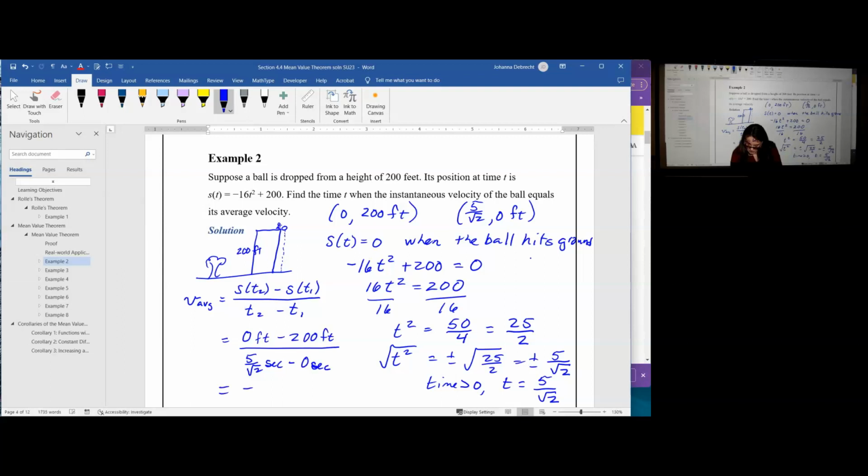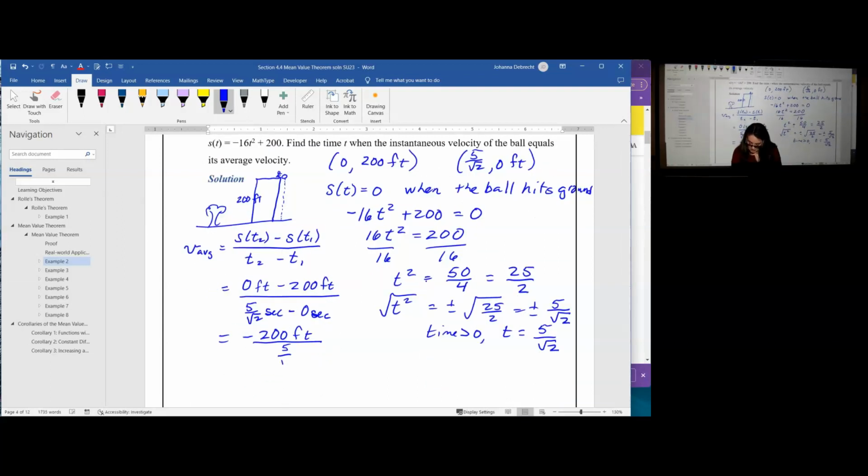This is going to give me a negative 200 feet divided by 5 over the square root of 2 seconds. That gives me feet per second. The denominator of the denominator moves to the numerator. So I will end up with 200 divided by 5, which would be 40, negative 40 times the square root of 2 feet per second.